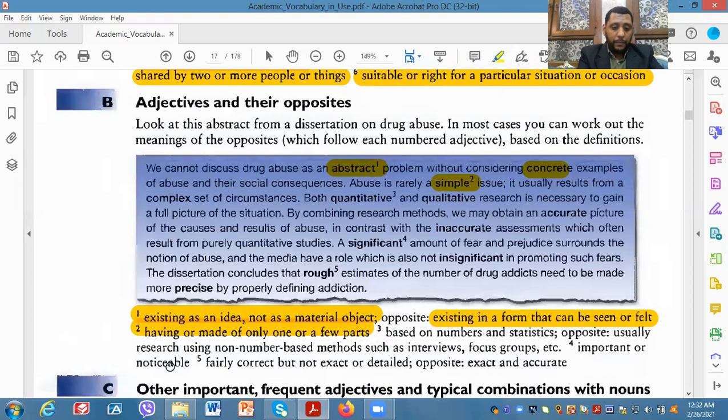So if we want to talk about the adjective simple, we're going to talk about having or made of only one or a few parts. Okay, like what? Like a wooden table. It can be made of wood.